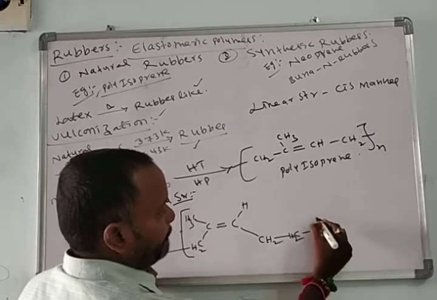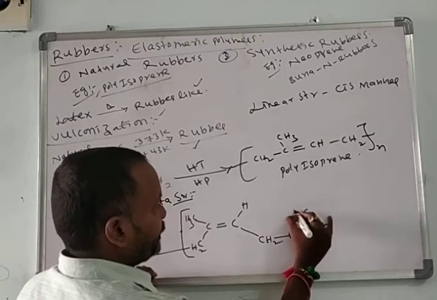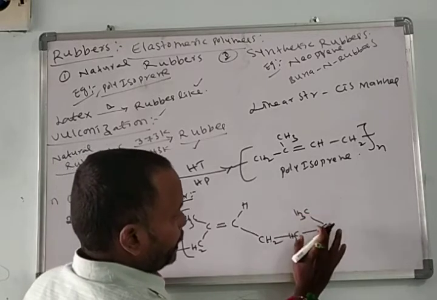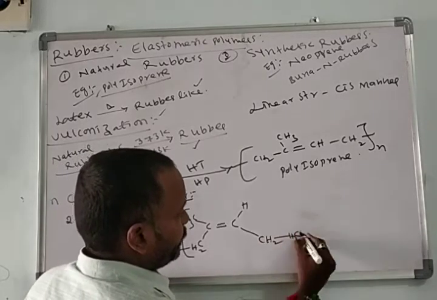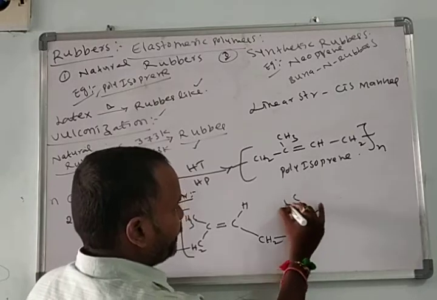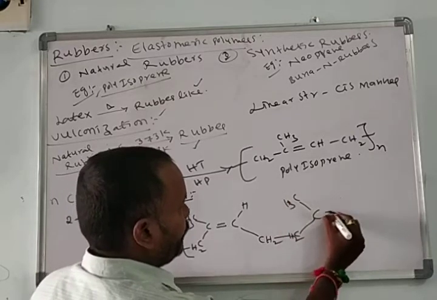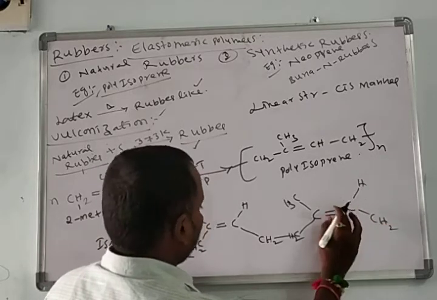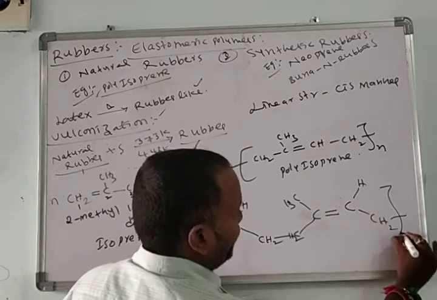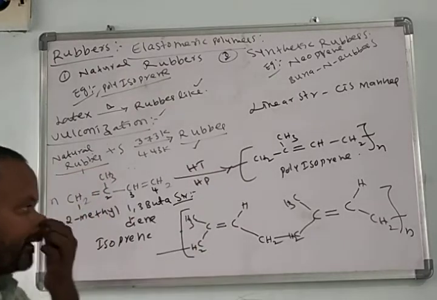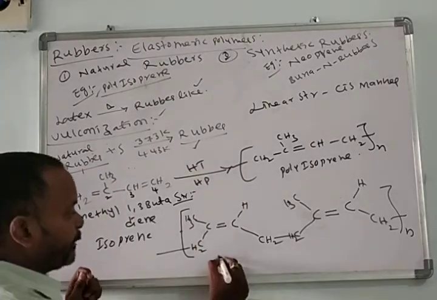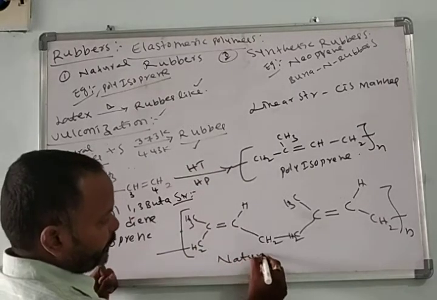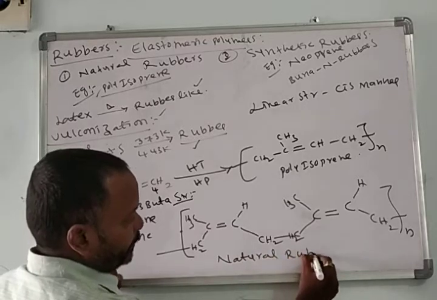Here C and here CH3, like this. C CH3 double bond CH CH2, taken n times. This is the structure of natural rubber.